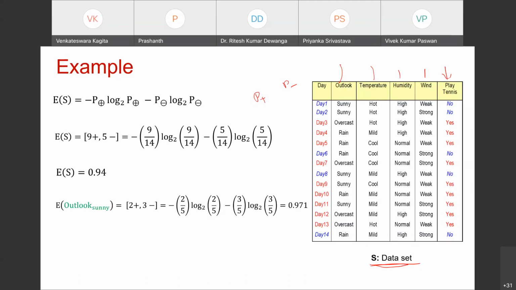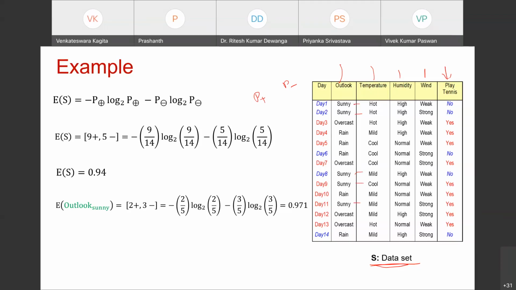So let us compute entropy with respect to sunny. Outlook equivalent to sunny. How many instances are there with outlook equal to sunny? 1, 2, 3, 4, 5. 5 instances.